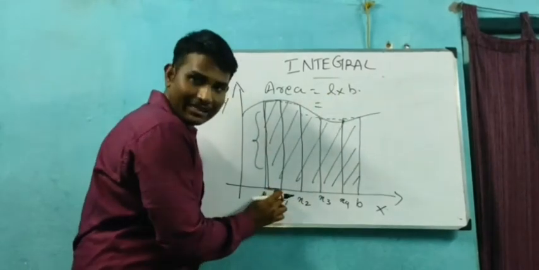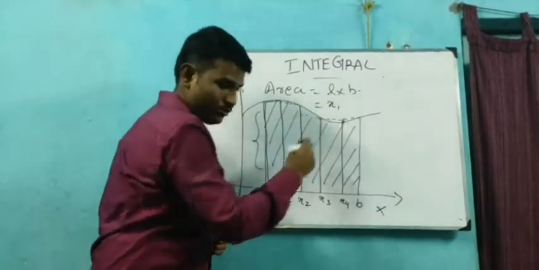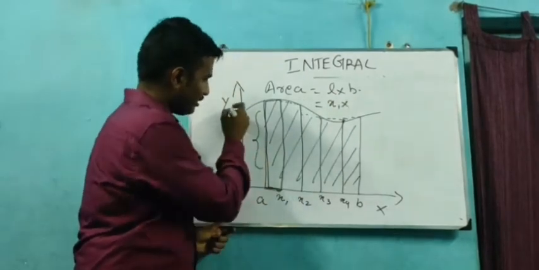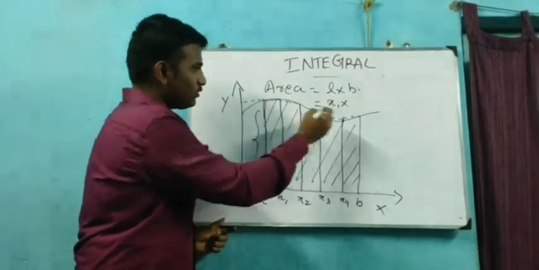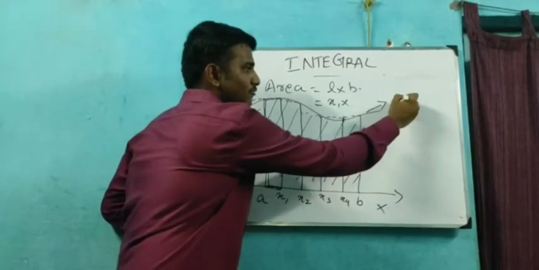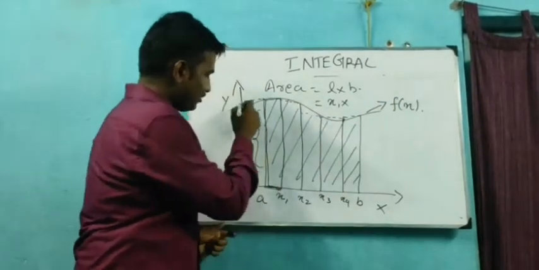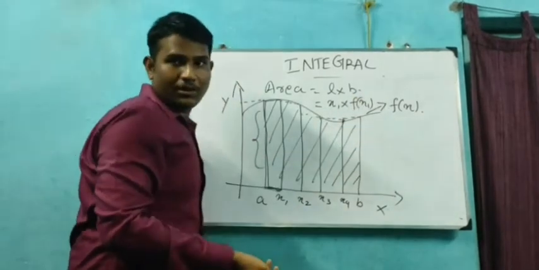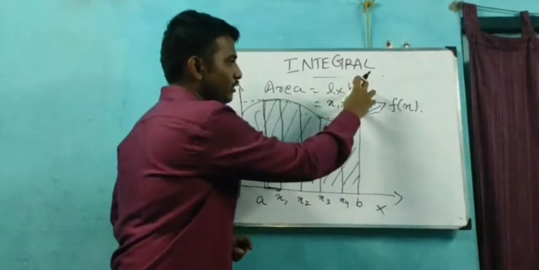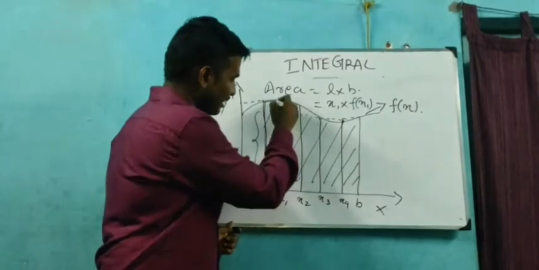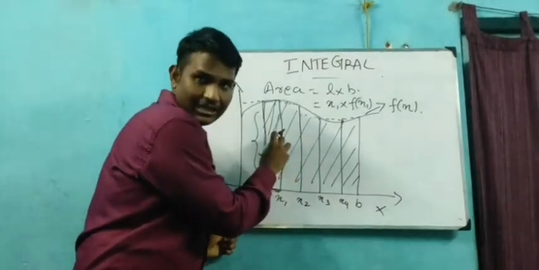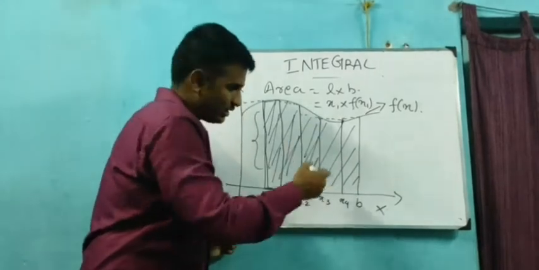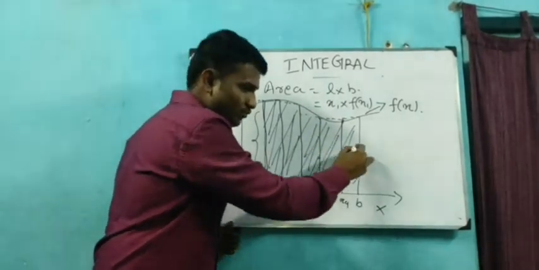So this is on my x-axis, something x1 value, into this breadth on the y-axis. I am taking this curve as f of x, my function. So this part is f of x1. Length into breadth, so x1 into f of x1. First I have to find the area for this region, and then for this region, and this region, then for this one, then for this one.